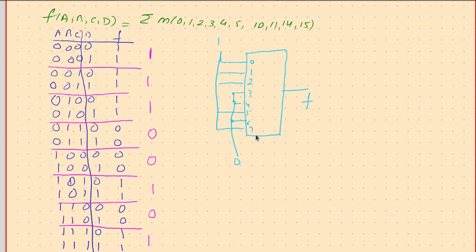That is our F. So you just connect A, B, and C. That's as simple as that. Now we can solve the same problem using an 8 to 1 multiplexer with three control lines.